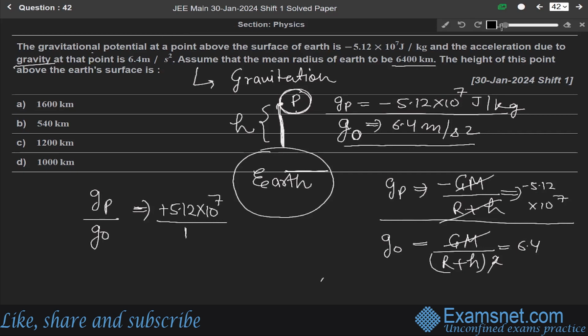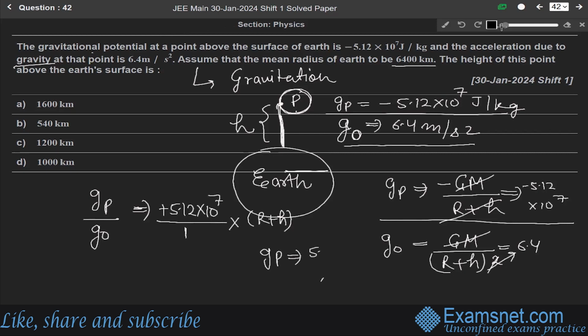1 over R plus H into 6.4. Okay, Gp will become, wait a minute, the minus cancels out each other.